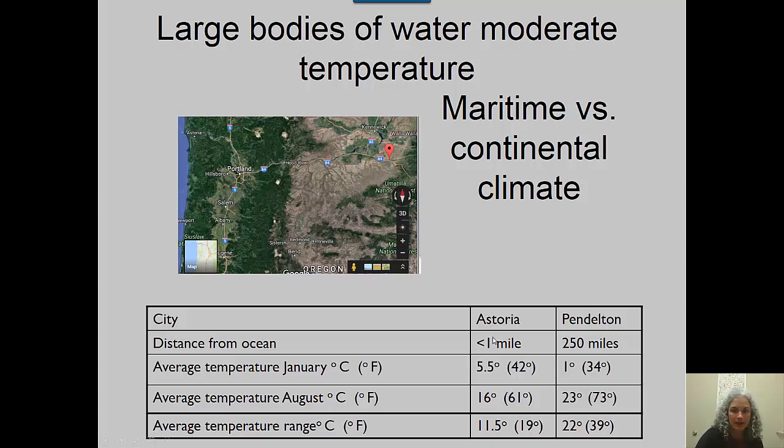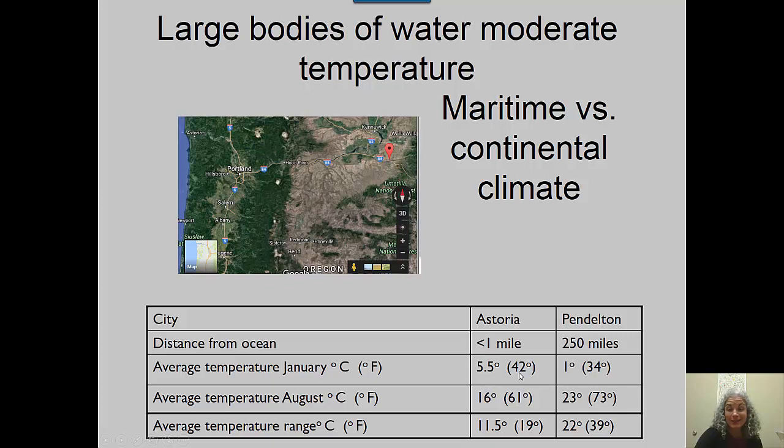In this case, I've compared the temperature in Astoria versus Pendleton, Oregon. Astoria is less than 1 mile from the ocean. Pendleton's 250 miles from the ocean. It's this red mark right here. So on the next line in this table, we see the average temperature in January.